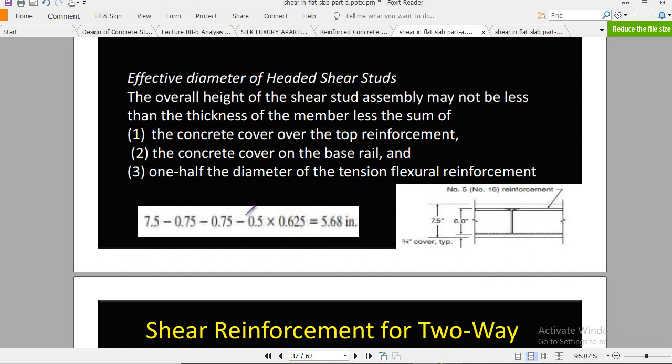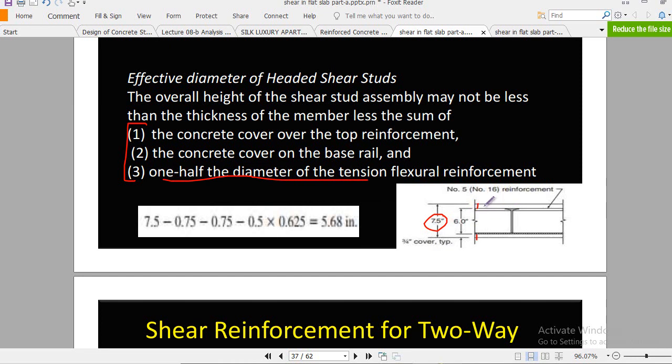Now how to calculate the effective depth, or the average depth d, in case of stud reinforcement? You have to subtract three things from the overall thickness, that is 7.5 inch: the top clear cover, the bottom clear cover, and one half the diameter of the tension flexure reinforcement.